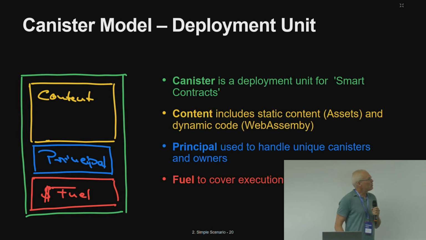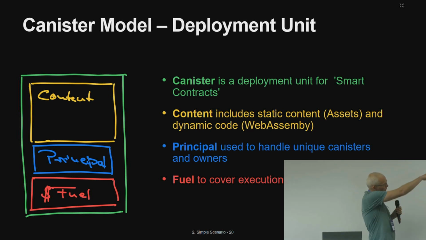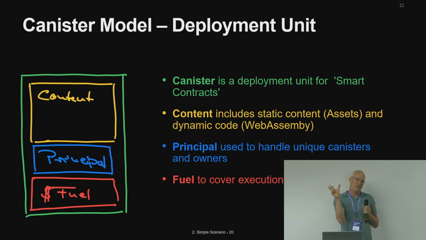If you decide to code, then you need to deploy your code somewhere, and you need a kind of deployment target. And on this internet computer, this deployment unit is the so-called canister. That's the place where you deploy your code. So we've got a payload, the content, and additionally you have an identifier, a principal and an owner.